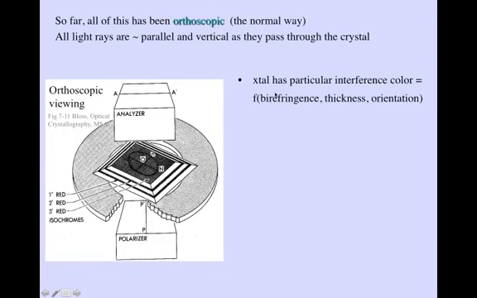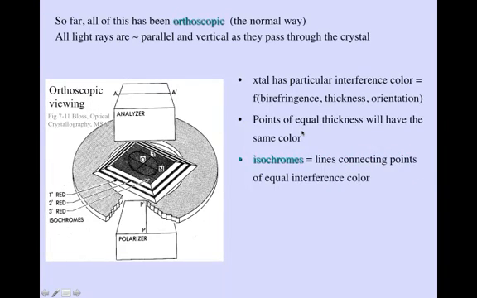The crystal has a particular interference color, that birefringence, that is dependent on the thickness and the orientation of the crystal. So points of equal thickness will have the same color. But if you have, let's say, the edges of a crystal or parts of the middle of the crystal that maybe didn't polish the same, there's slightly different thicknesses, that's going to affect the birefringence that you see.